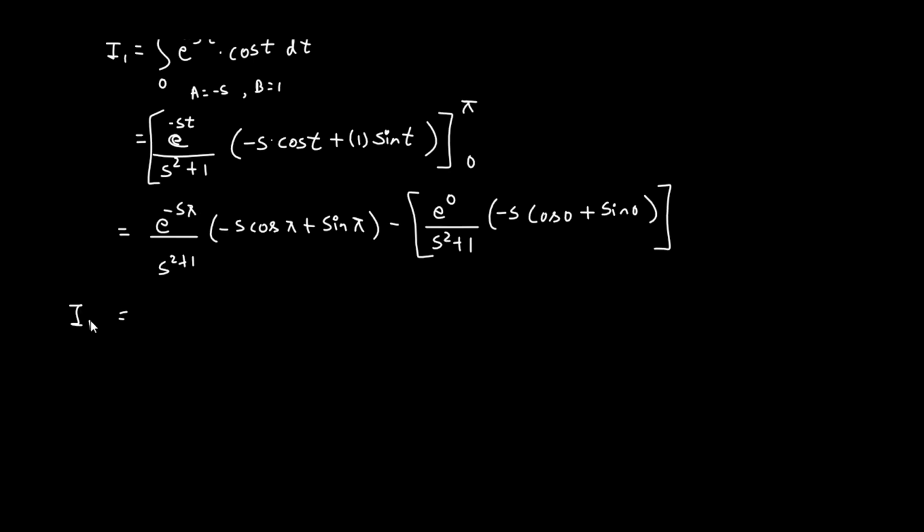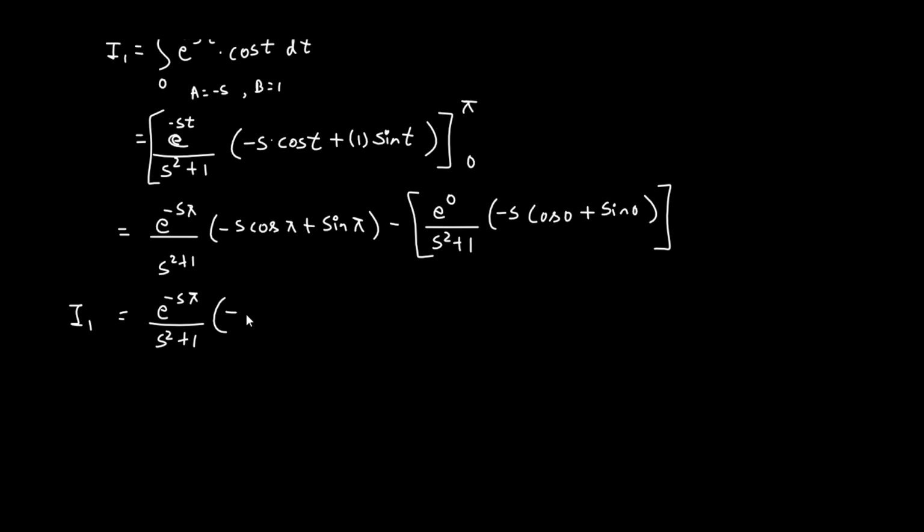So we get I1, that is e raised to minus s pi upon s square plus 1, and here cos pi is 1 and sin pi is 0. If we calculate on the calculator, we can get this answer.